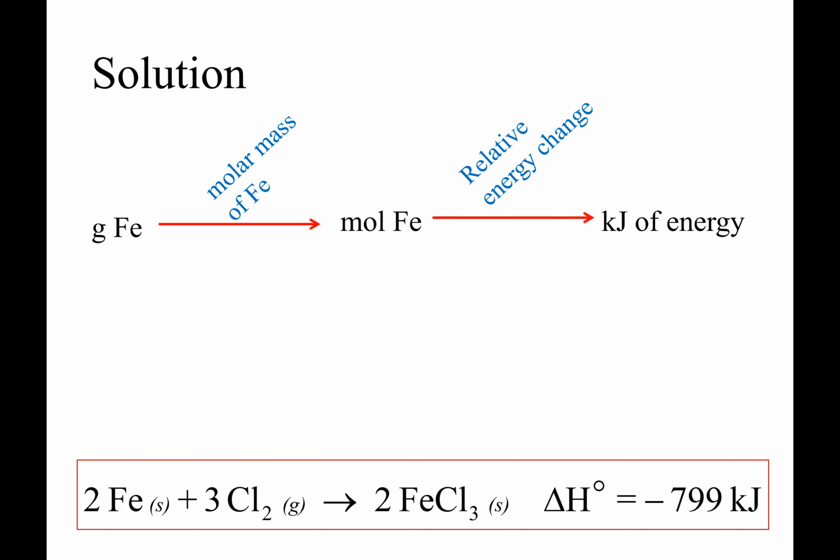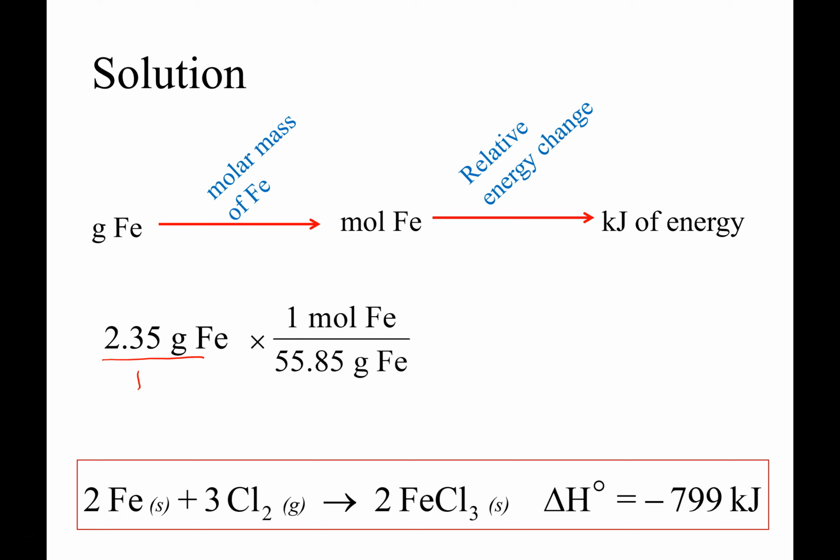So here we go. Just like you said, the first term, I like to put over 1 to emphasize I have units of grams in the numerator. And you said I'm going to go with 1 mole of iron over the number on the periodic table, which is 55.85 grams of iron. And then what's that last term?